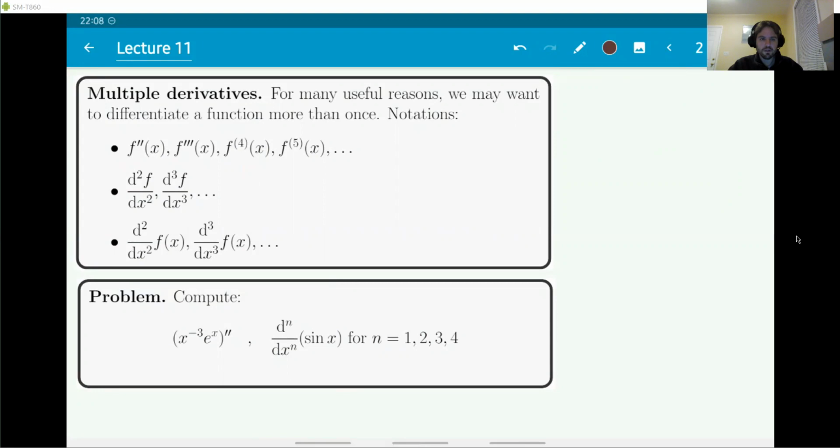Now, if you want to use the d/dx notation, you can use it this way. It's kind of weird if you look at it the first time. The number of times that you're differentiating goes on the d at the top, but on the x at the bottom.